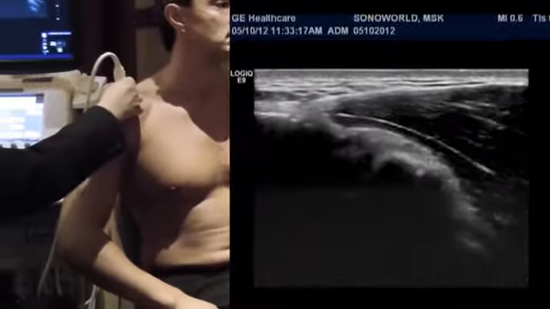Still in the lateral, or more like anterolateral area of the shoulder in the 4-quadrant display, on the lateral quadrant we're going to take a look at the coracoacromial ligament, which is the roof for the rotator cuff, mainly for the supraspinatus.